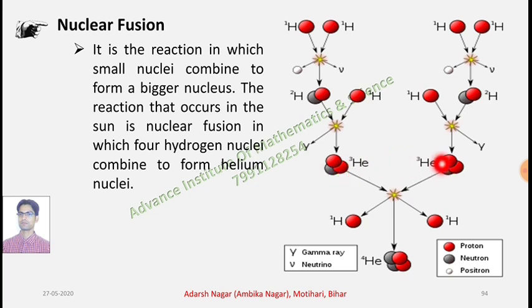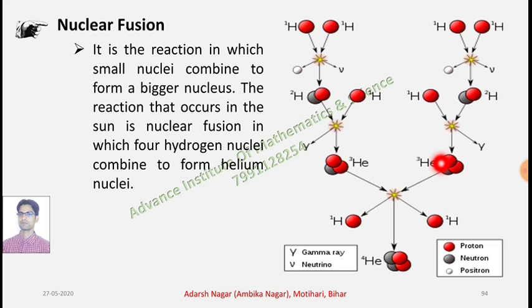Again these 2 hydrogen combine to form deuterium, and again it combines with 1 hydrogen, or protium, to form tritium. This reaction carries on continuously in the core of the sun or in a star, and that's why the sun releases a huge amount of energy.